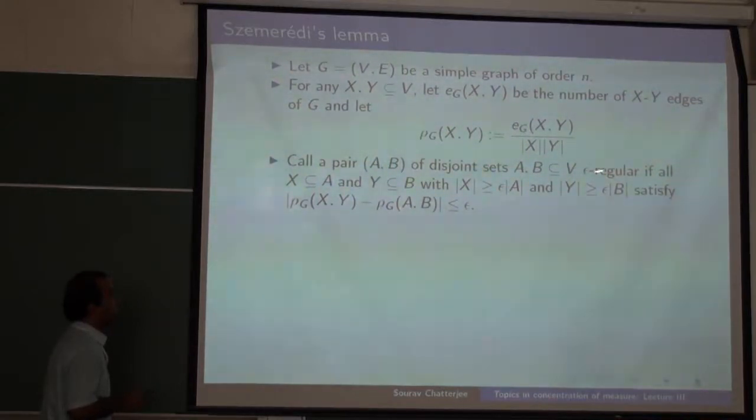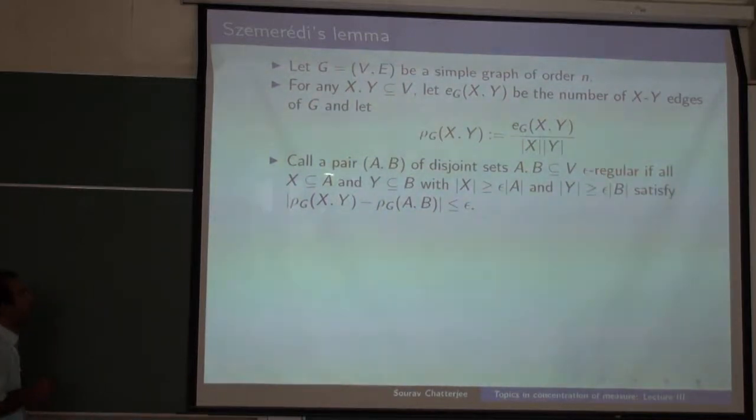You call them epsilon regular if the following happens. If for any subset X of A and any subset Y of B which are substantially large, not too small, the size of X is at least epsilon times the size of A, and the size of Y is at least epsilon times the size of B, they satisfy that the edge density between X and Y is approximately equal to the edge density between A and B.